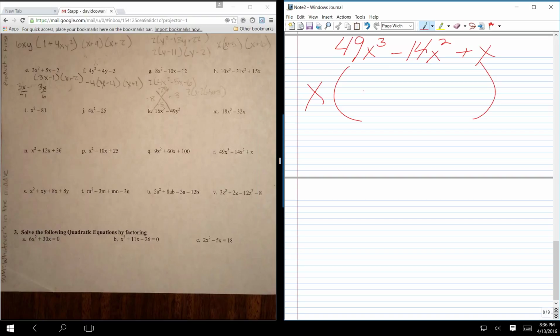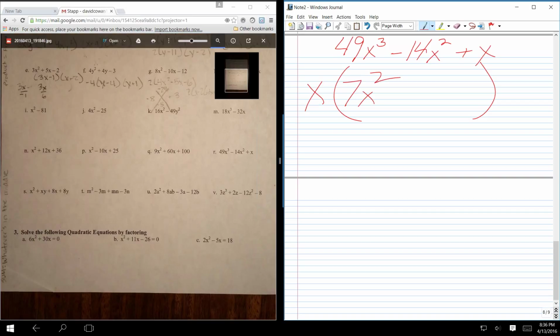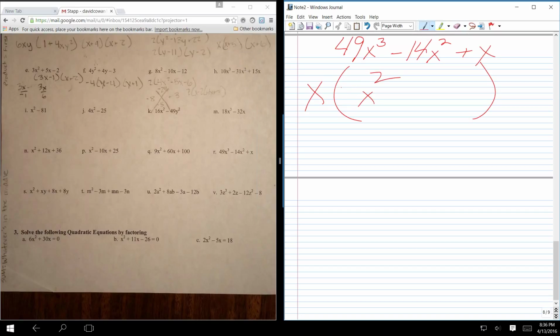What's this first term here now? 7x squared? If I did that, always be checking to see that you haven't changed it. What is x times 7x squared? 7x cubed. That's not 49x cubed, is it? So it'd be 49x squared. The secret of math is to always be checking to make sure you have not changed it.